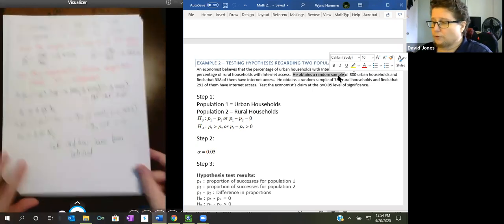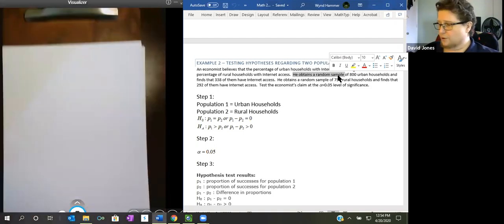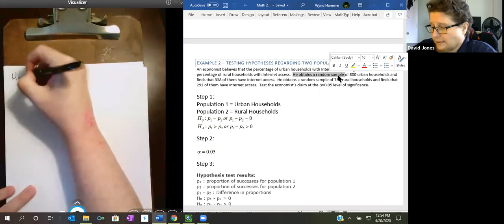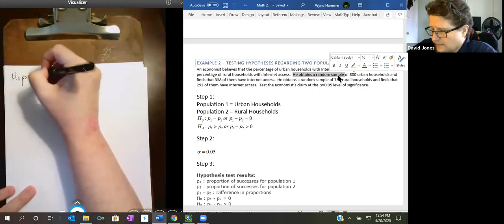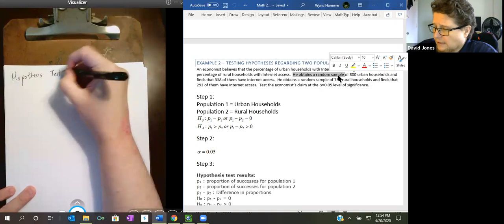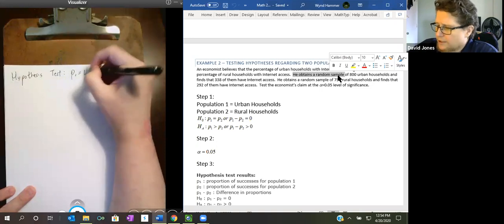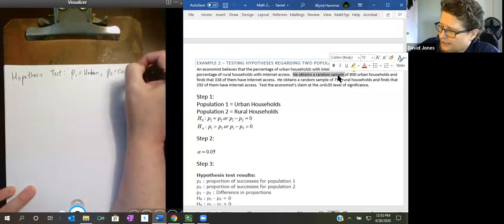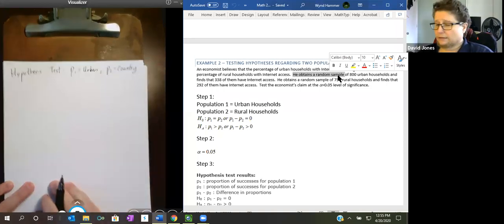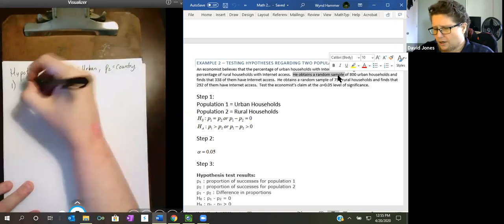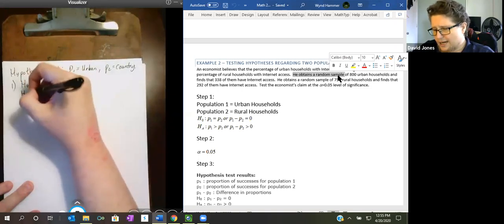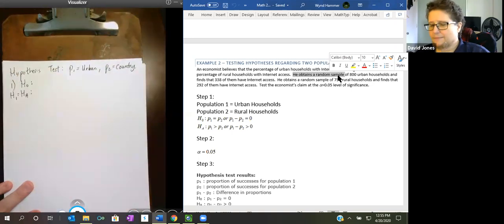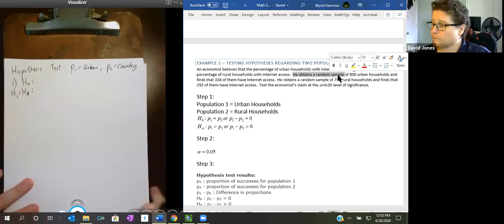Okay, so let's do our hypothesis test. I'm going to make sure I label them. P1 is urban, P2 is country. I liked that setup better because the symbol worked well. Step 1 is always identify H0 and HA, or H1. They say the same thing. Different people use different things.